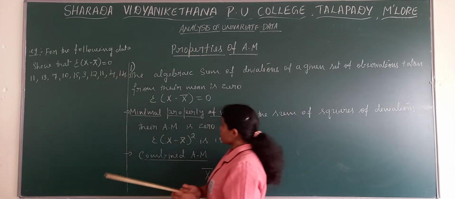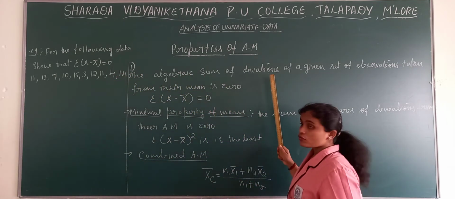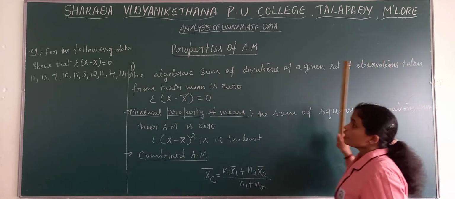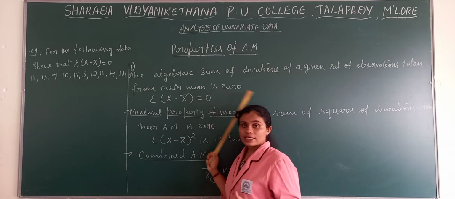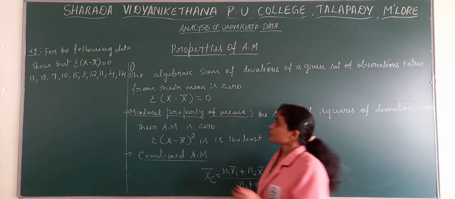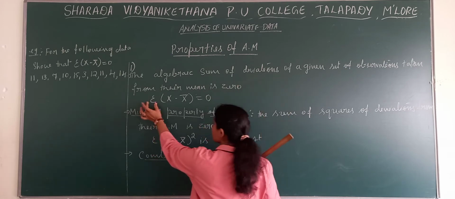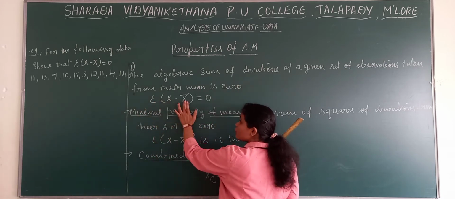The first property: the algebraic sum of deviations of a given set of observations taken from their mean is 0. What is that? The algebraic sum means sigma. Algebraic sum of deviations means differences.